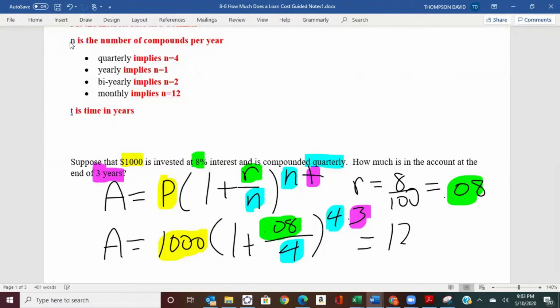So the answer equals 1268.24, and I'm done.